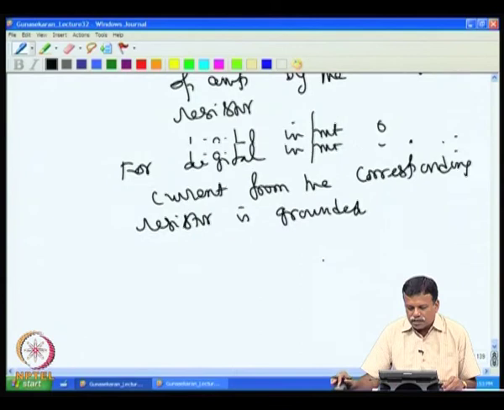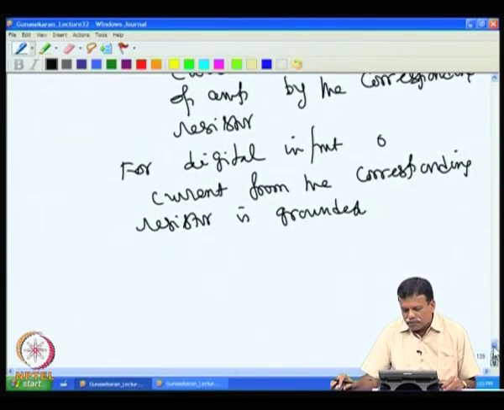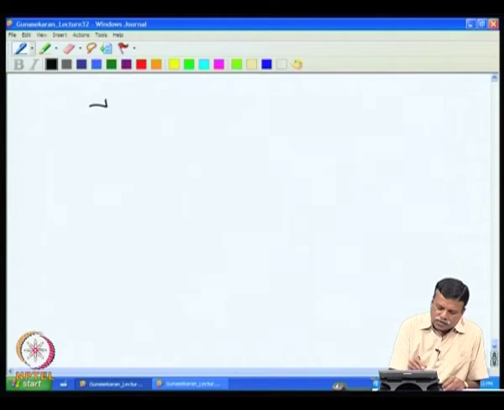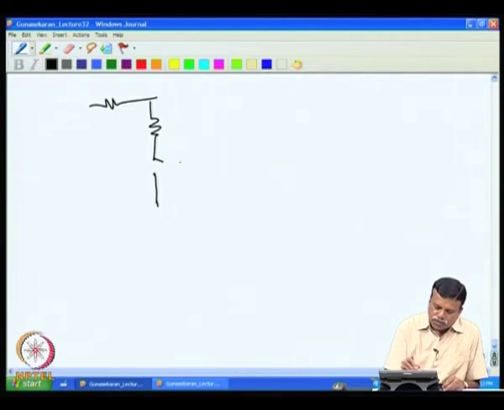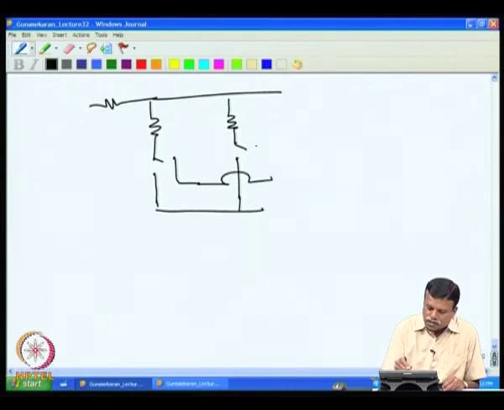Practical converters which use this have the following arrangement. These are 2R network resistors, and they have a switch which switches this current, so the current is steered either to the plus terminal or to the other terminal.